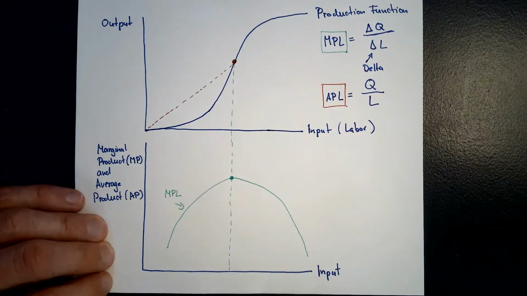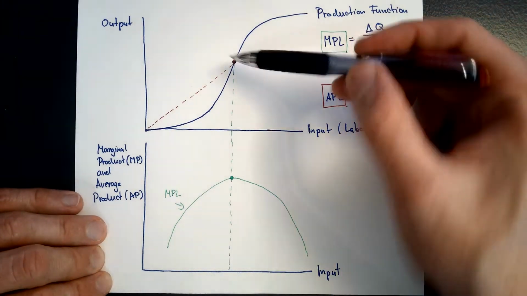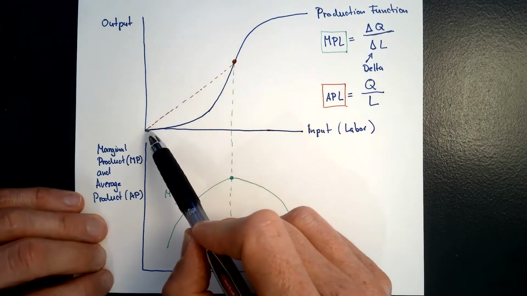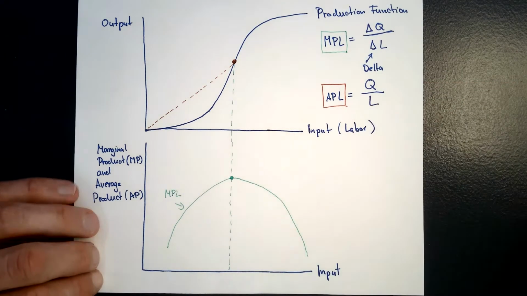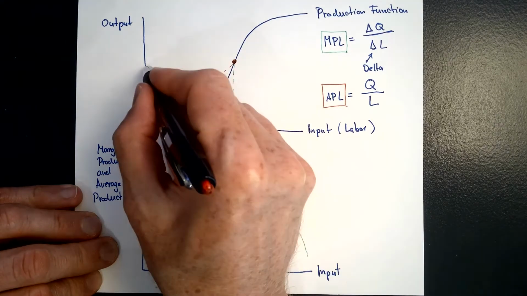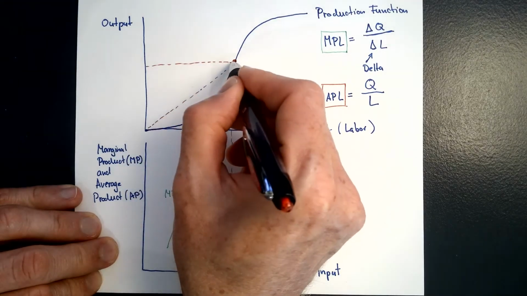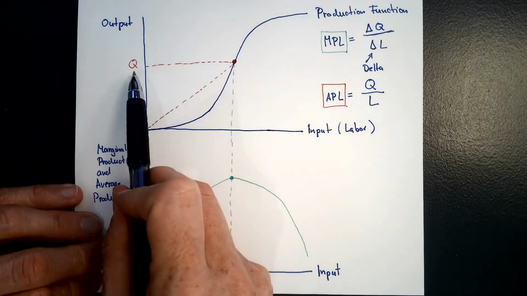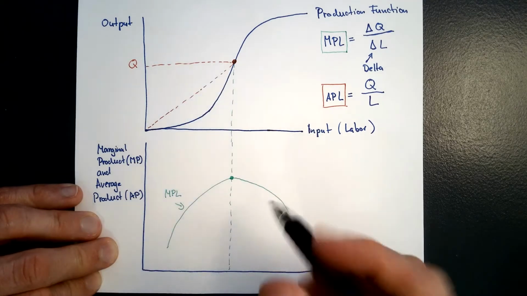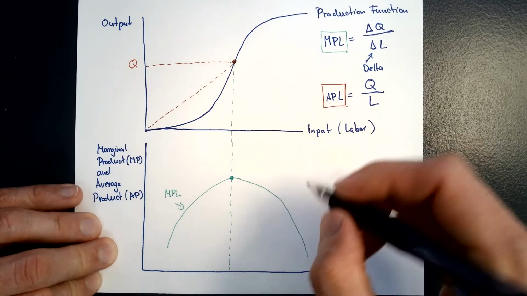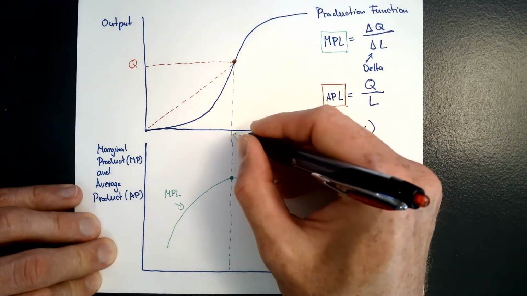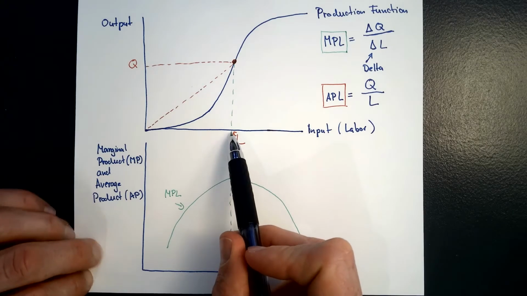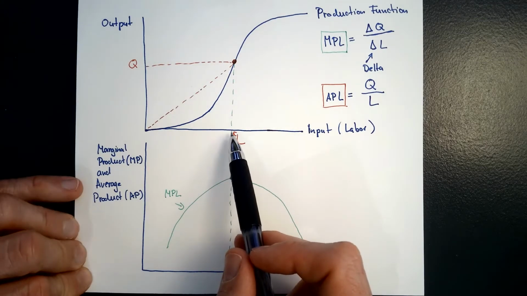like this. Note that if you have this point connected to the origin, then you have Q here, the output associated with this point, and you also have L here, which is the number of workers associated with this point.